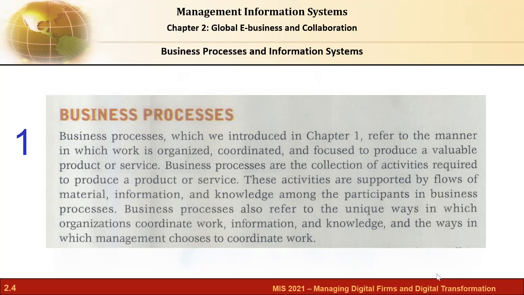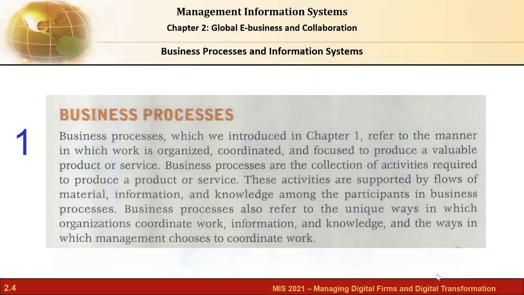Business processes refer to the manner in which work is organized, coordinated, and focused to produce a valuable product or service. So all kinds of activities in an organization are organized, coordinated, and focused to produce products or provide services for customers. Business processes are the collection of activities required to produce a product or service.